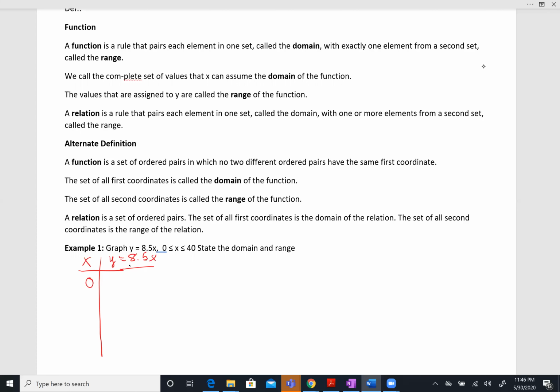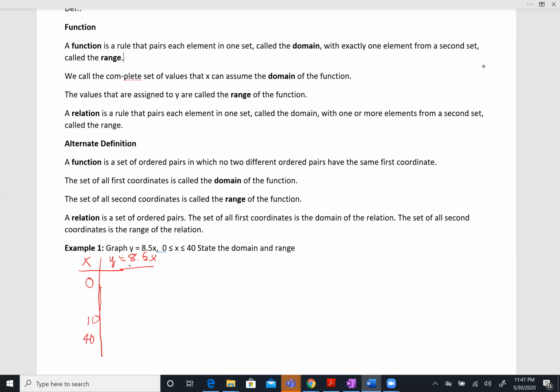So 0, and then maybe I choose say 1, and then maybe I choose 10, and the last one is 40. You know what? I don't need the number 1 because it looks like the scale is so big. So I just want to choose 0, 10, and 40.